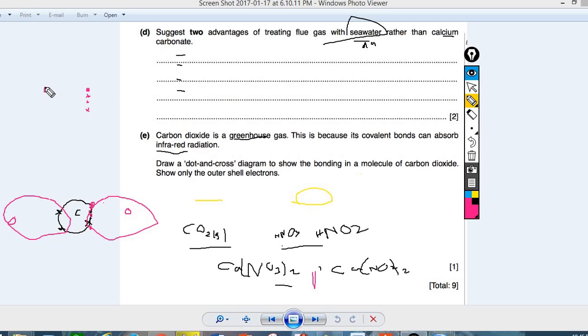Here dot cross, dot cross, that's a double bond. In between you have carbon and oxygen here as well, and the rest of the oxygen atoms' electrons are also present. So that's how it goes, by the way.